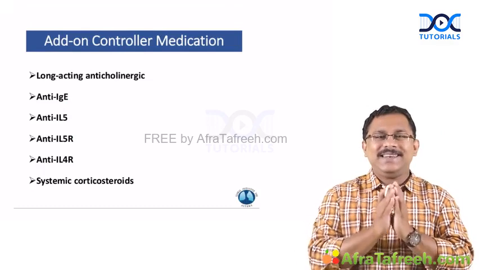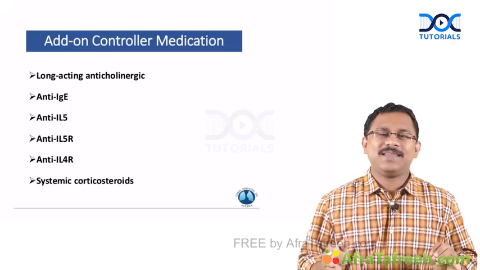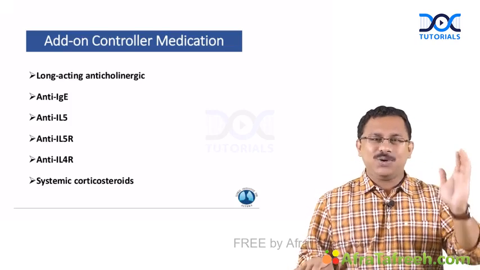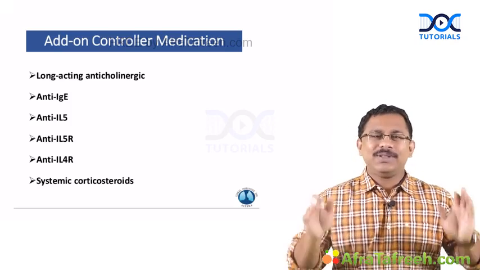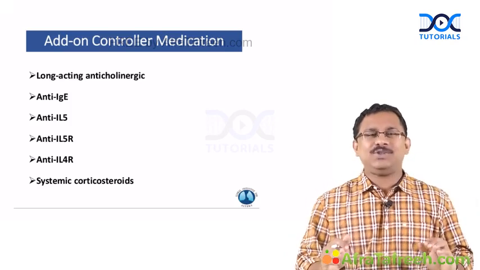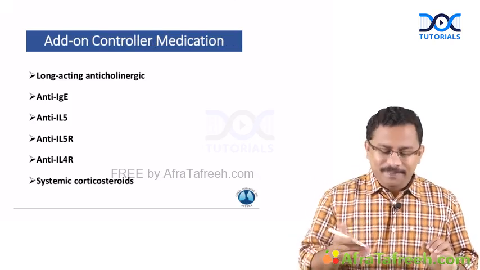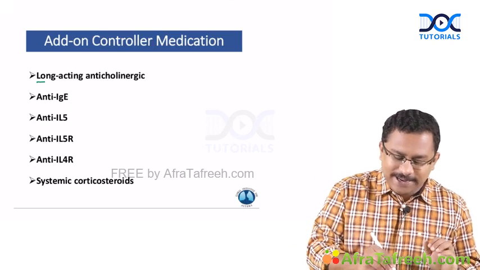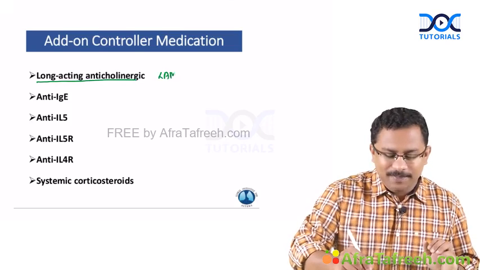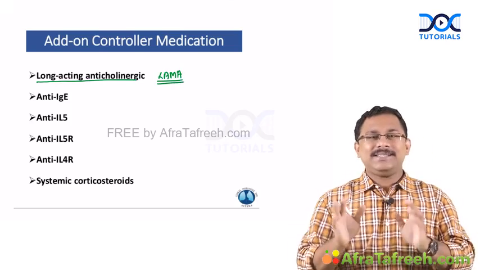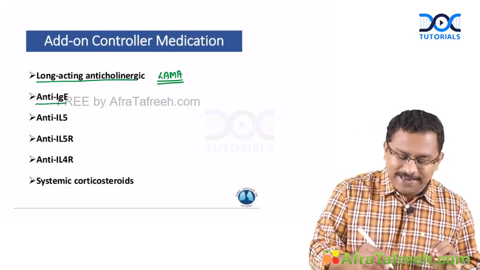So we have seen the controller medications or the maintenance medications. Now, in addition to the group of controller medications, you have the add-on controller medications. They are usually given as add-ons to the regular controller medications. And what are they? One is long-acting anticholinergic, which you can call LAMA, long-acting muscarinic antagonist. Then you can have anti-IgE.